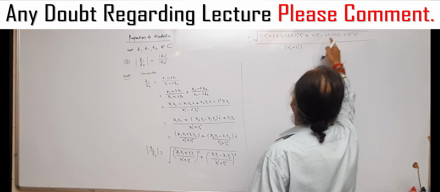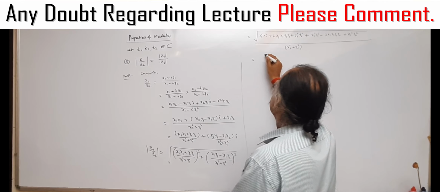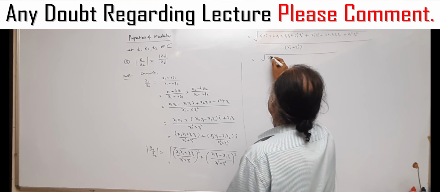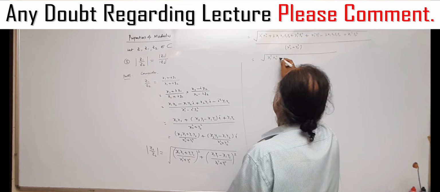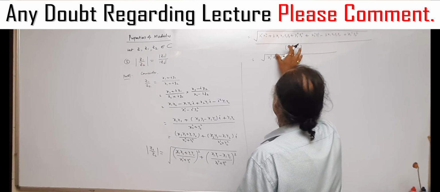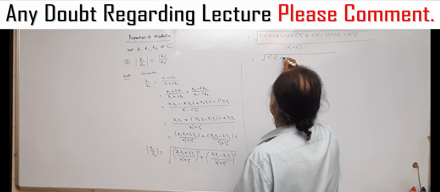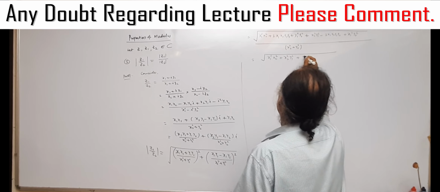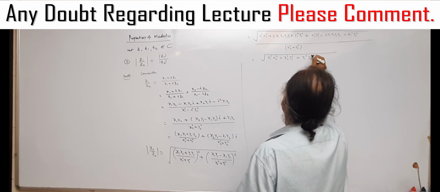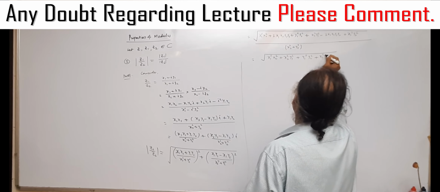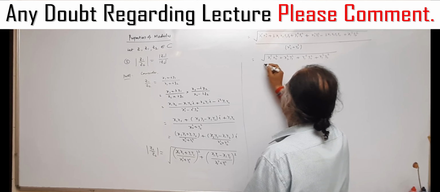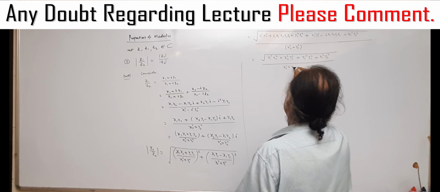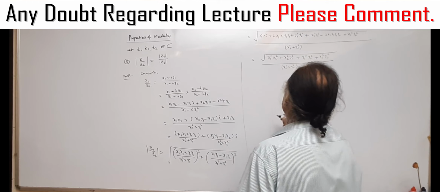Now this middle term will get cancelled, plus minus. We'll take x1 square x2 square plus x2 square y1 square plus y1 square y2 square plus x1 square y2 square, divided by x2 square plus y2 square.